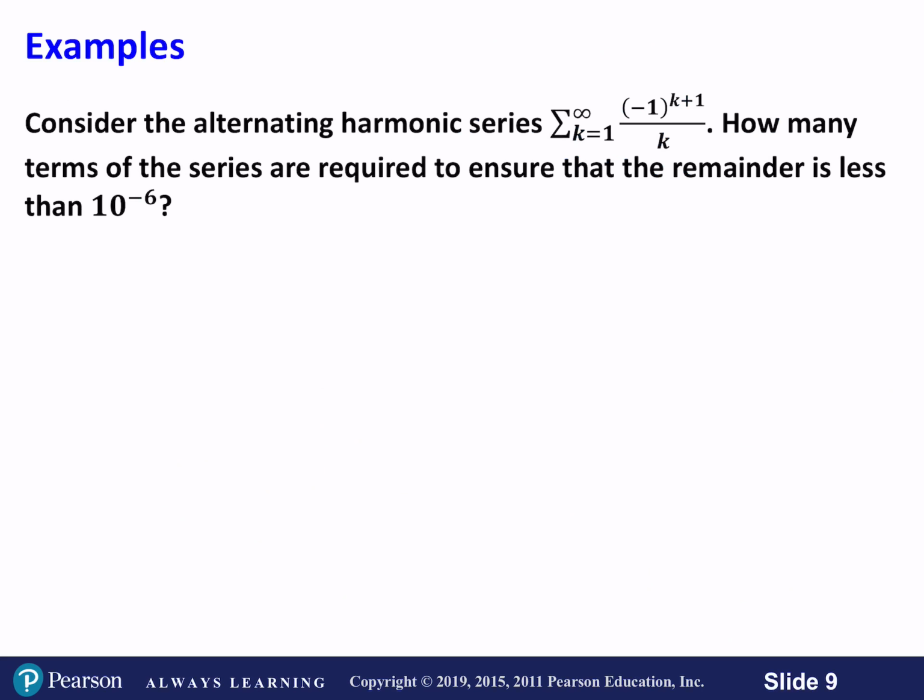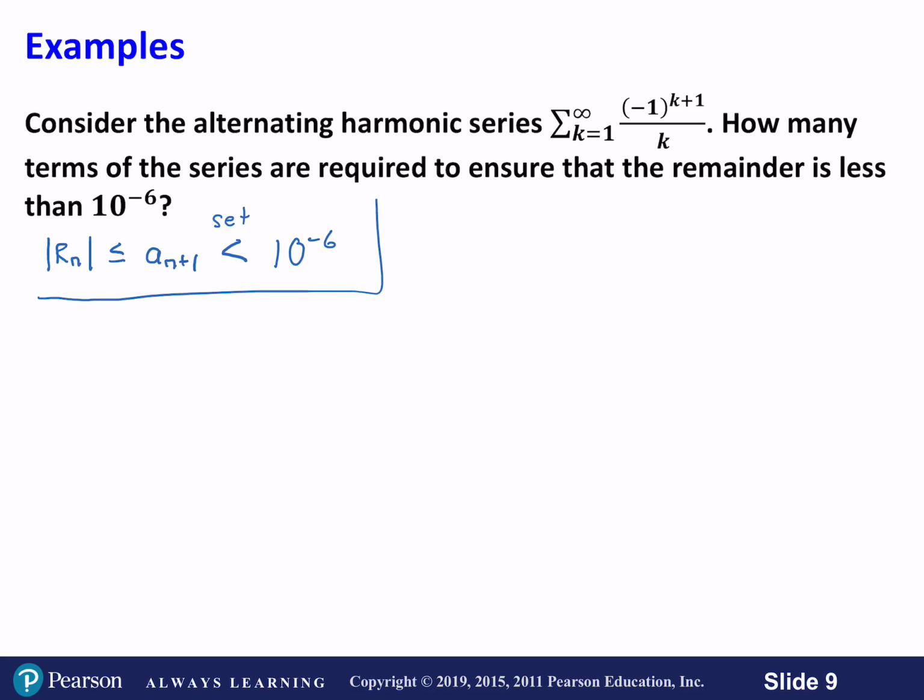The idea here is that if we know that the remainder, Rn, is less than or equal to An plus 1, we are going to set An plus 1 less than or equal to 10 to the negative sixth and solve for n. By doing this, we will be able to tell how many terms are necessary to get the remainder to be less than 10 to the negative sixth.